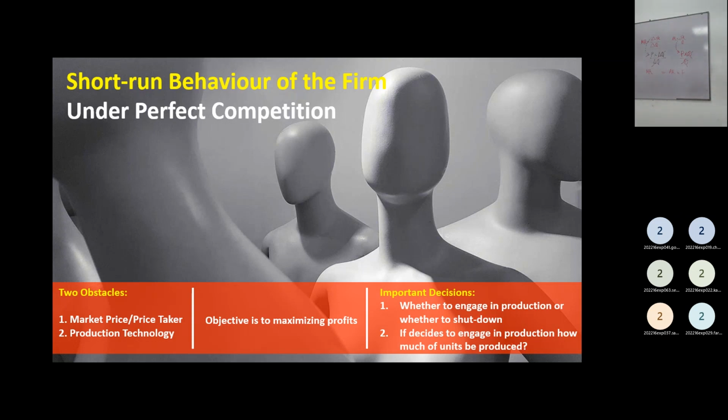When they are trying to maximize their profits while facing these challenges, they have to take two important decisions. The first decision is whether to do the production or whether to leave the industry, whether to shut down the company.